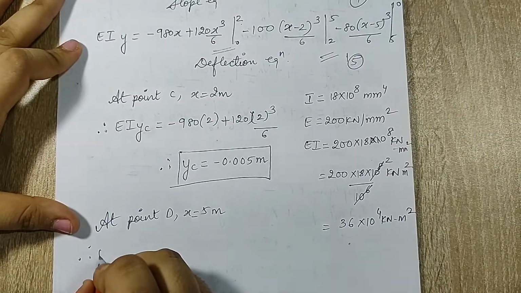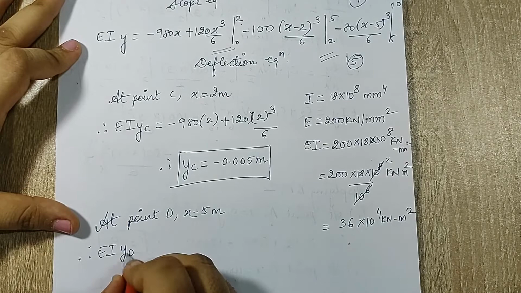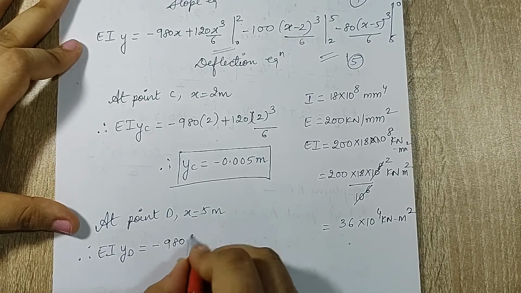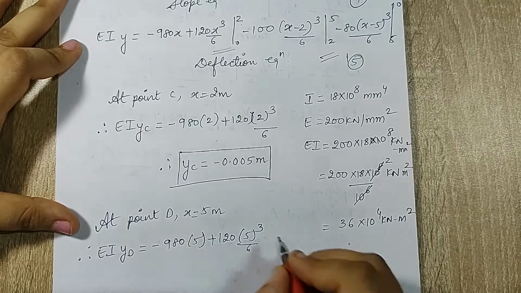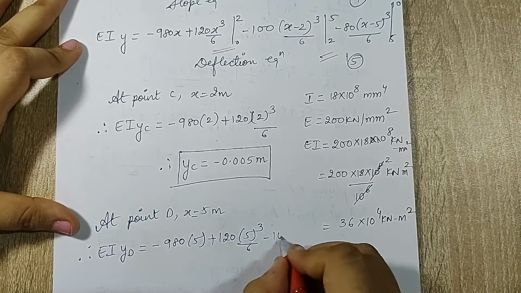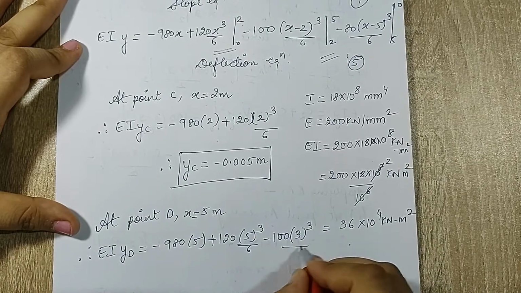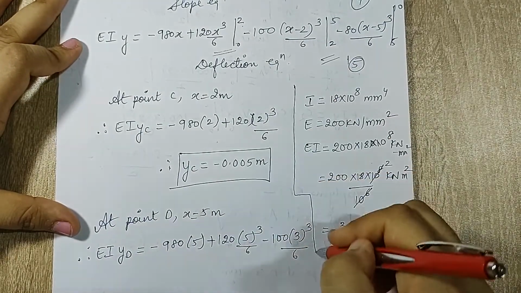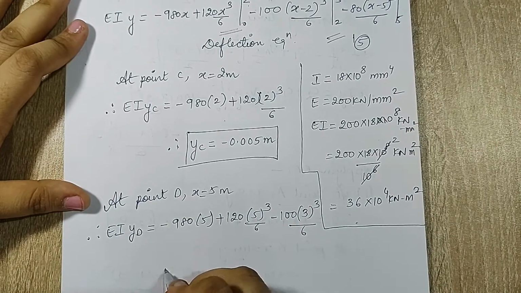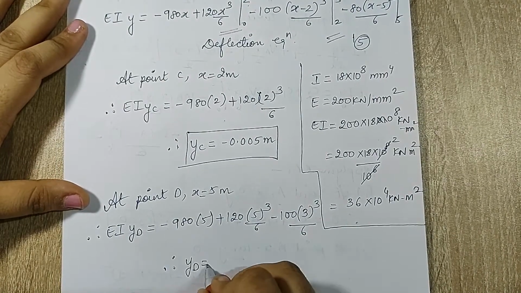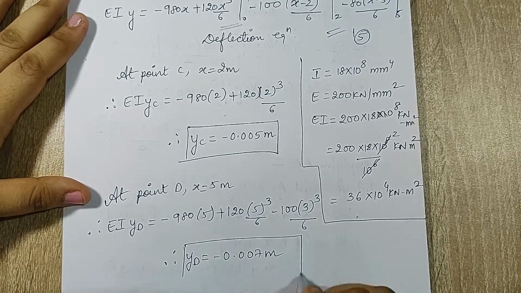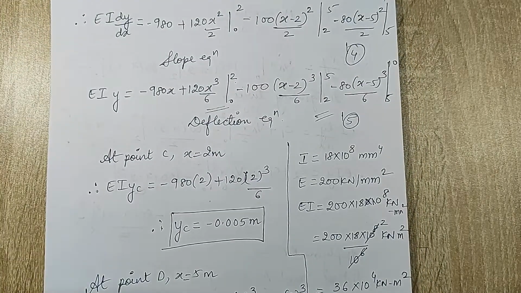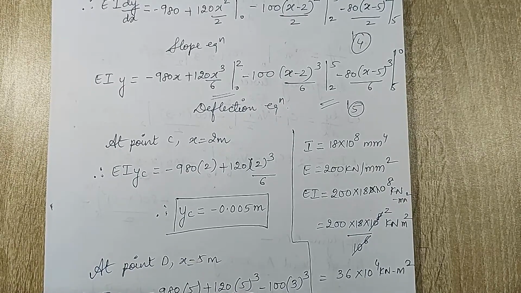So I'll have therefore EI YD is equal to minus 980 into 5 plus 120 into 5 cube by 6 and minus 100 into 3 cube by 6. So this will be my equation. When I substitute, I get the value of YD as minus 0.007 meter. So these are the deflections at the points on which load is exerted on the beam.